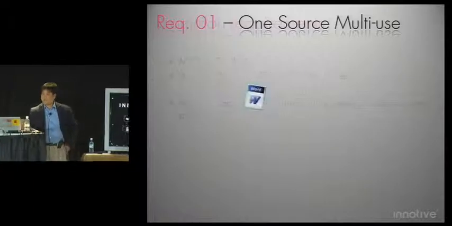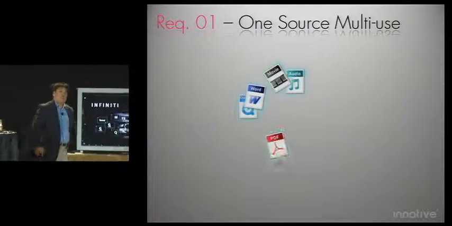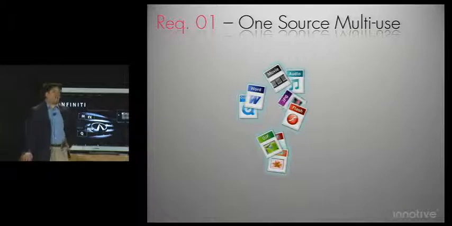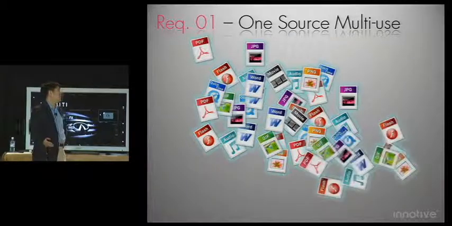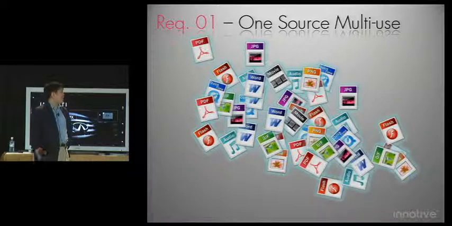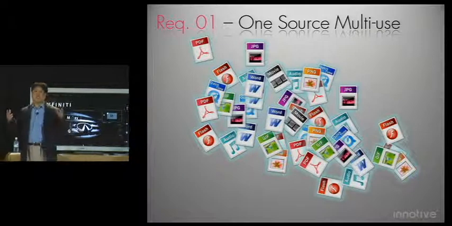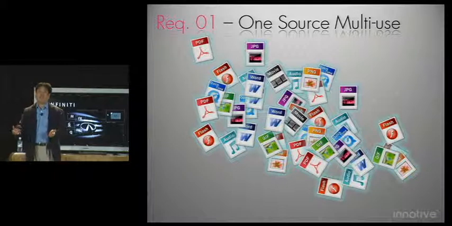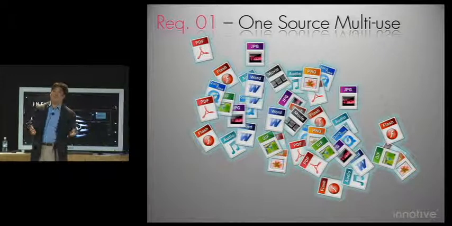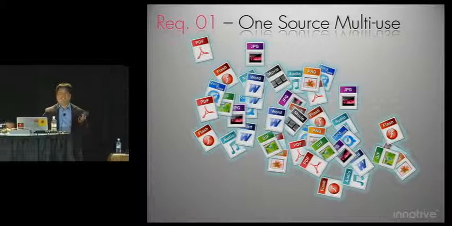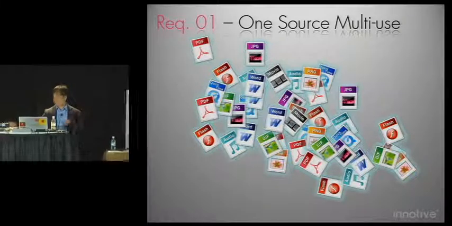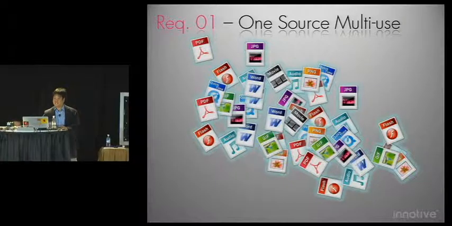Now, like I said, the requirement was that they need a one-source multi-use solution. They spend millions of dollars taking pictures after pictures, documents after documents, but they didn't know which one's the most up-to-date, which one is obsolete, and which is the best picture. So they said they need some way to really know and integrate this in a single fashion.